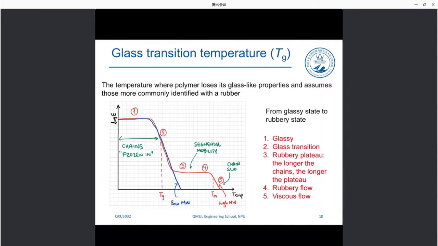Now, let's go on to an important graph. From here, I want you to ignore this blue part here. It is wrong. Ignore the blue curve and focus only on the red one, okay? If you see this graph, can you tell me what kind of polymer this is, without me explaining anything?